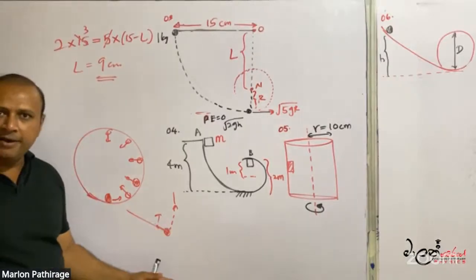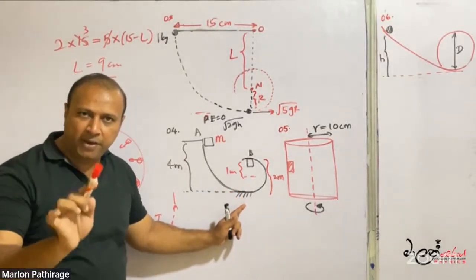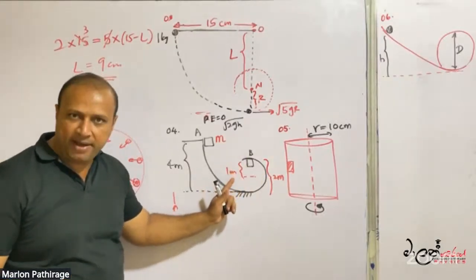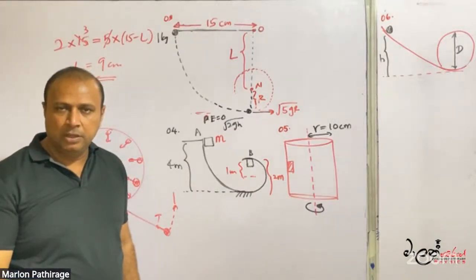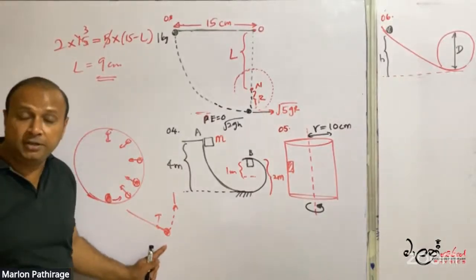Therefore, the motion of an object inside the circular path is equivalent to the motion of an object attached to a string.